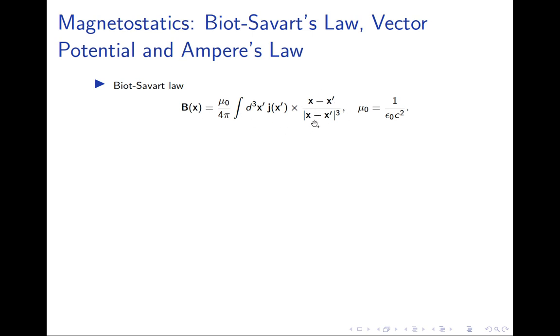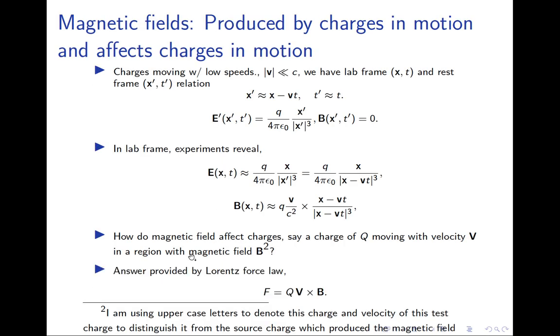So it is an inverse square law, however, it is not along the line joining the source and the field point. I forgot to mention something which is very important. If you consider the force experienced by a point charge moving in a magnetic field, and let's say this magnetic field is produced by another charge, little q, moving with the velocity little v, then you can plug in this expression for the magnetic field and compute the force.